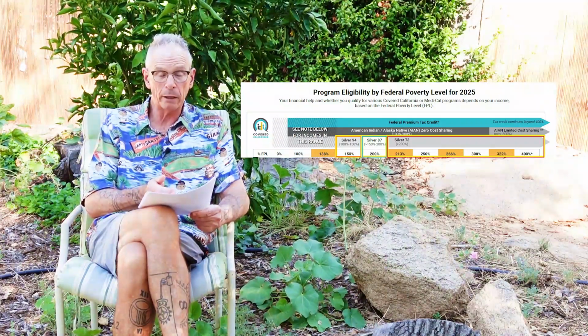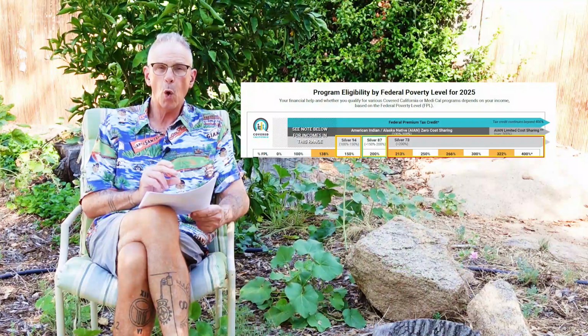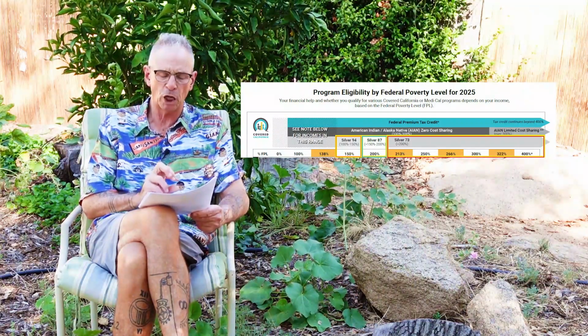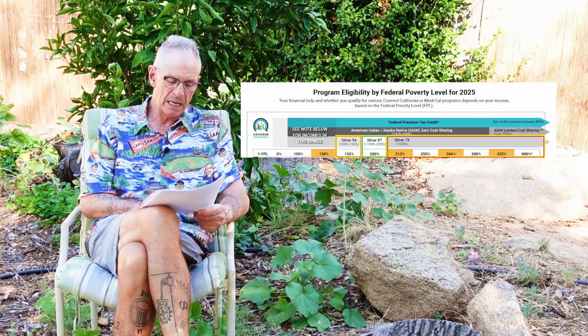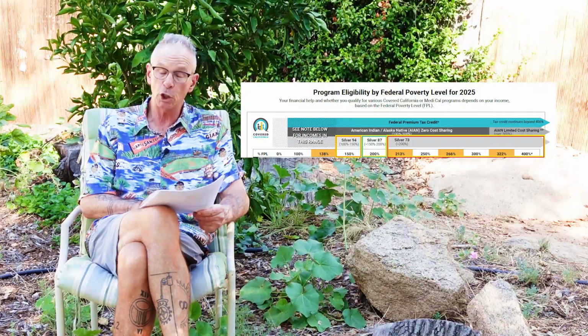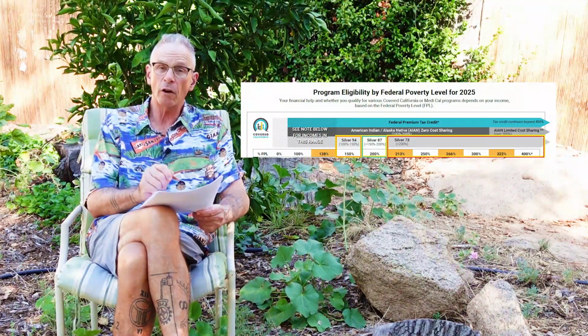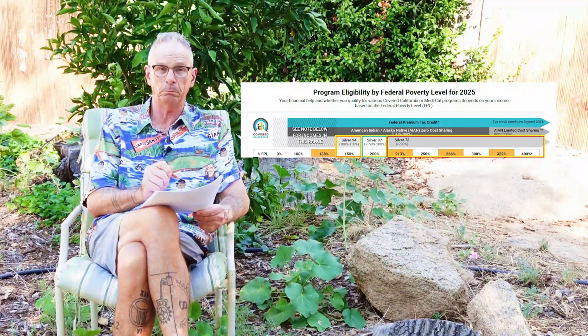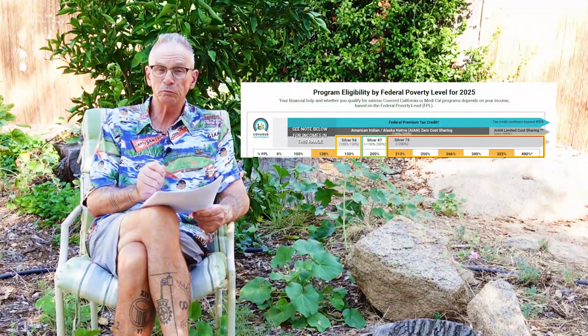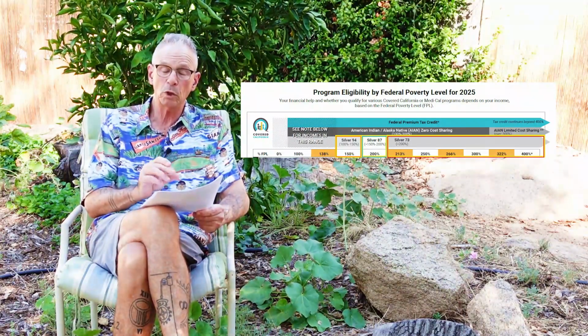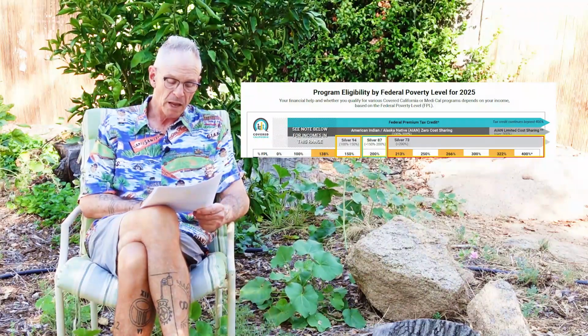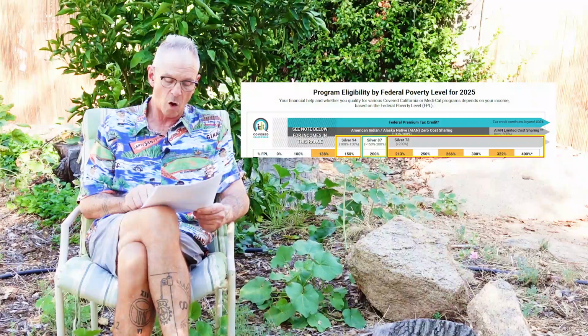It's better than Platinum. It has very low co-pays, a low maximum out of pocket, and reduced cost sharing. If the income is between 150 and 200%, they are offered a Silver 87. Not as good as a Silver 94, but still lower co-pays. And then you'll see Silver 73 from 200% on out.